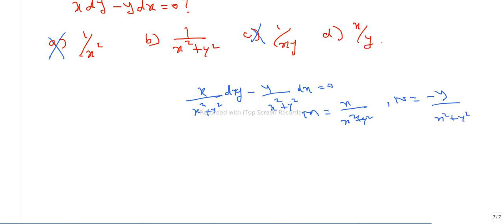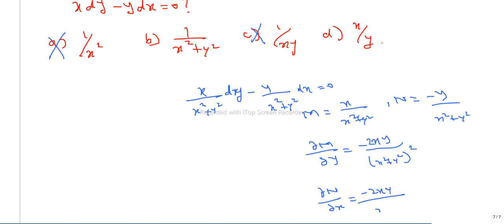Now if you find dou N by dou x and dou M by dou y, they give the same expression, with x square plus y square whole square in the denominator, because we keep one variable constant and differentiate the other. Therefore this is an integrating factor, because if you multiply with this you get an exact equation. But the question asks for the one that is not an integrating factor.